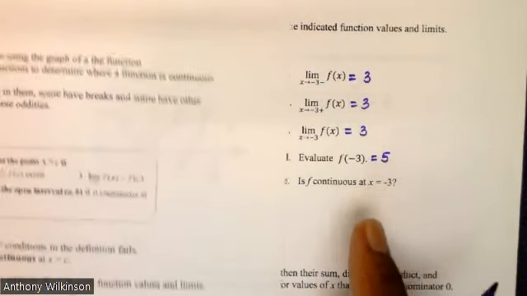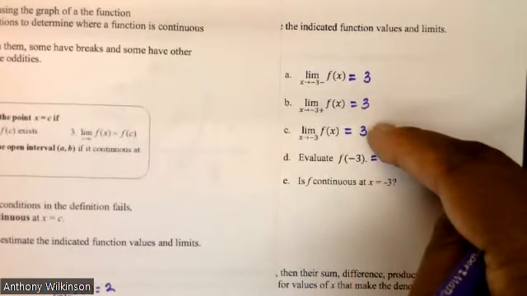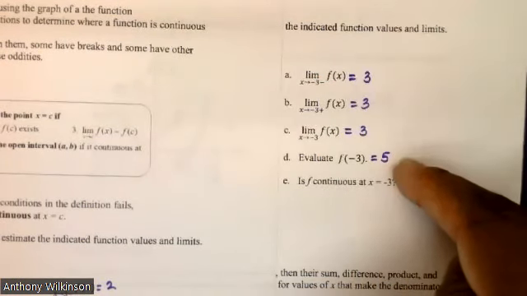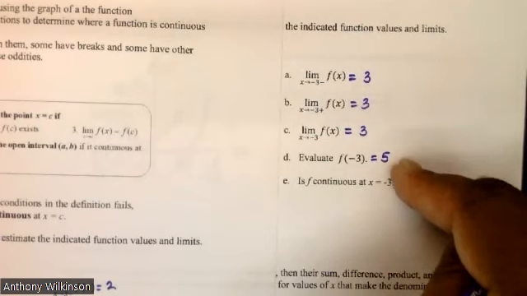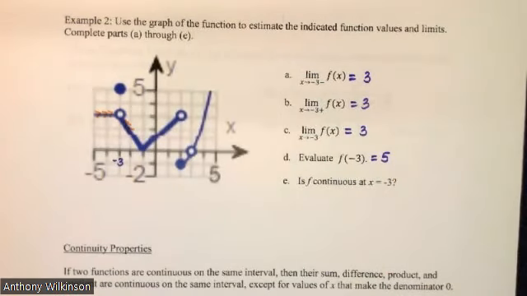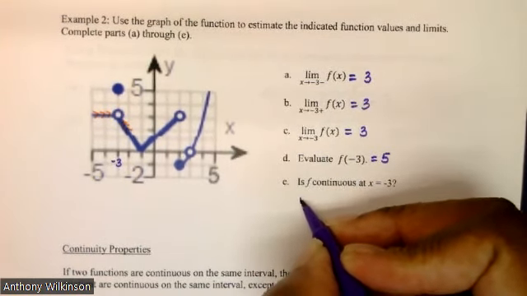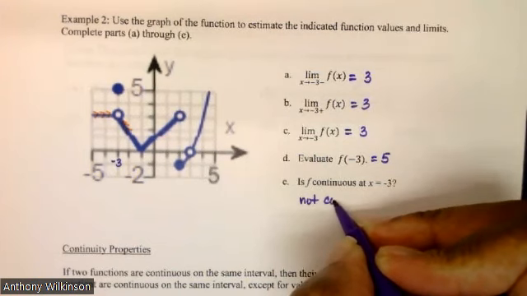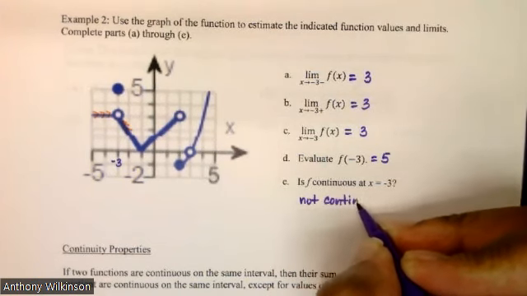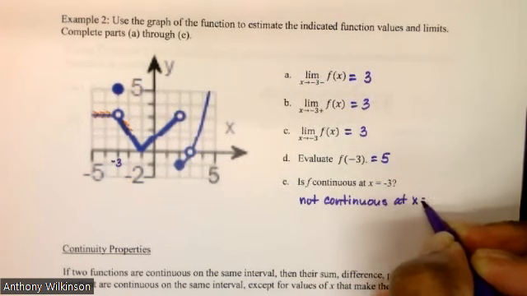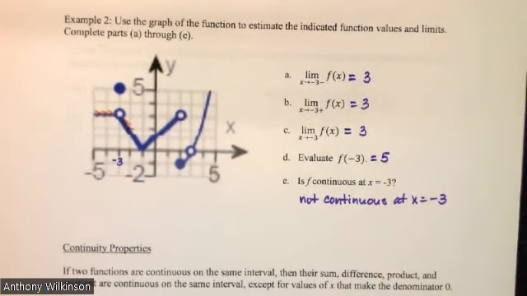But the problem is the limit as x approaches -3 of that function is not the same as f of that constant. So here, it fails the continuity test. That means it is discontinuous, or we can just say not continuous at x equal to -3.